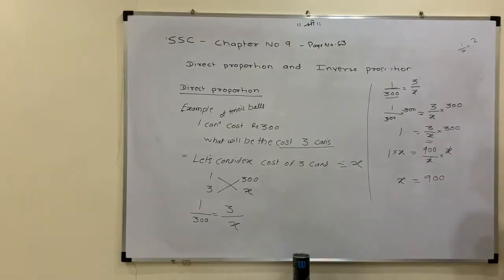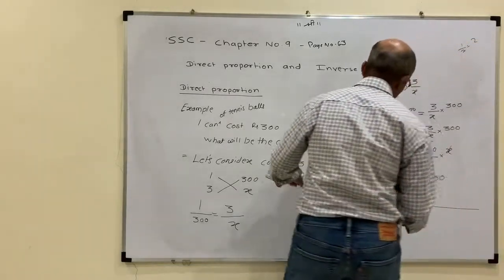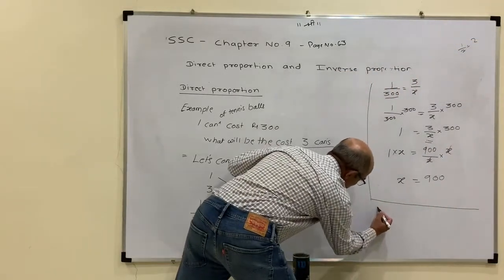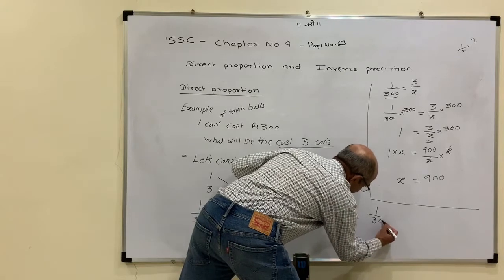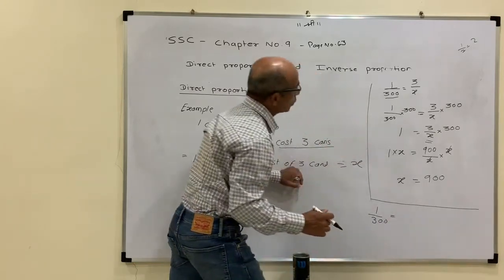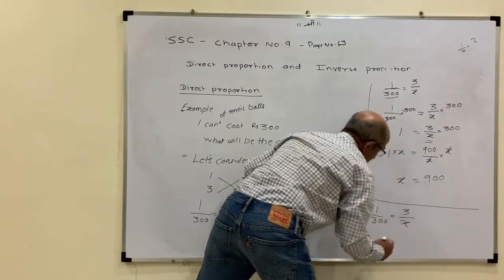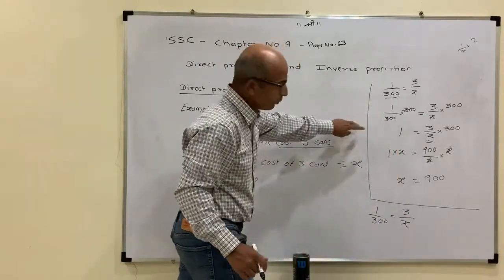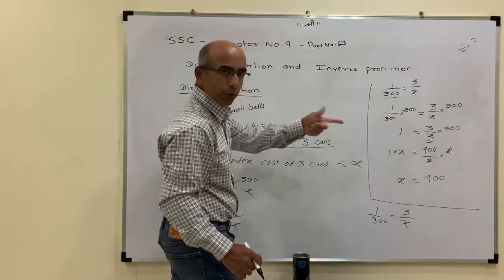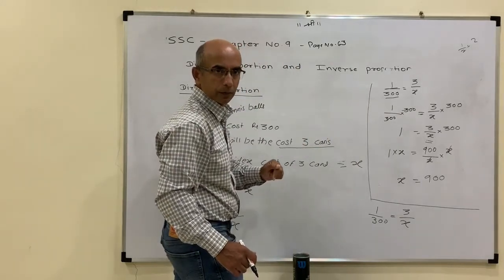Or you can say that in one go, if you want to do, we can do it a little differently. My equation is 1 divided by 300 equals 3 divided by x. Now what I have done in two steps, we can multiply both the sides by 300x.